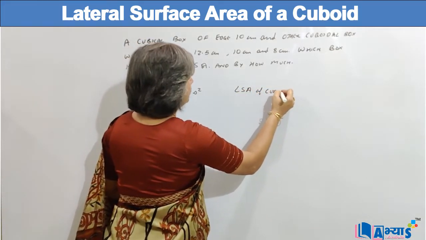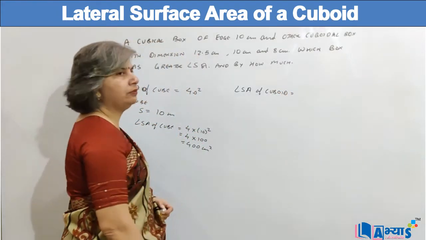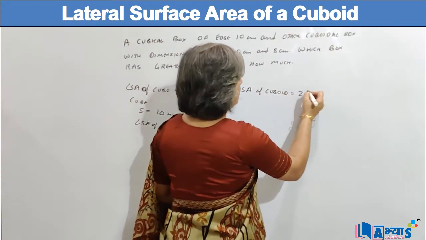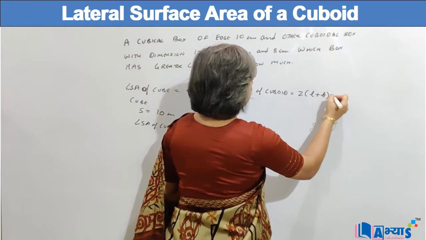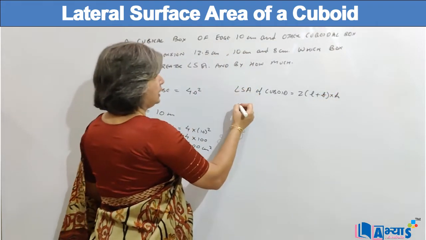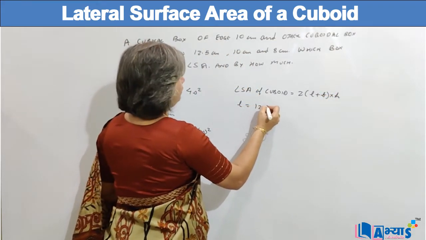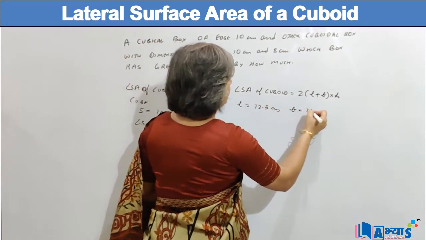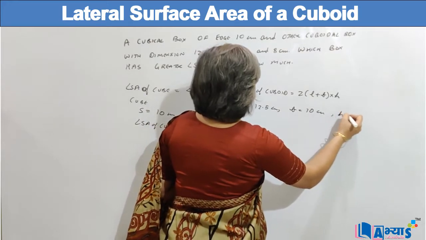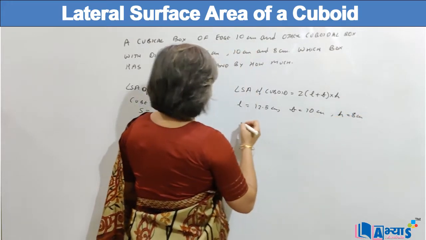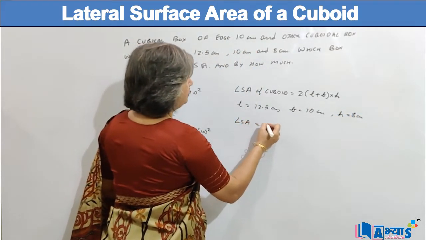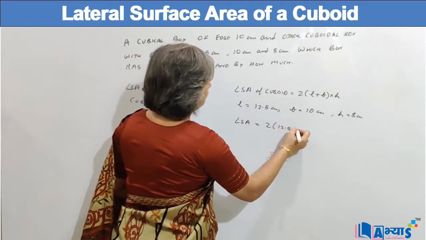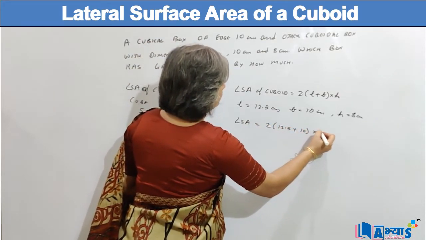Now for the LSA of a cuboid. We have just derived that the formula for the LSA is 2 times L plus B into H, and in this case L is 12.5 centimeter, B is 10 centimeter and H is 8 centimeter. So LSA will be equal to 2 into 12.5 plus 10 into 8.